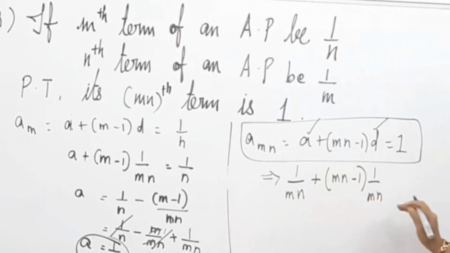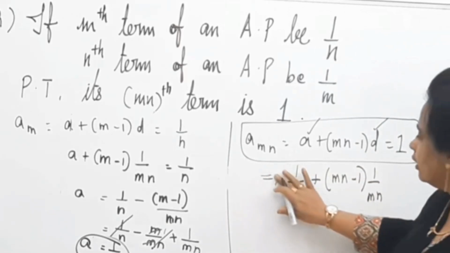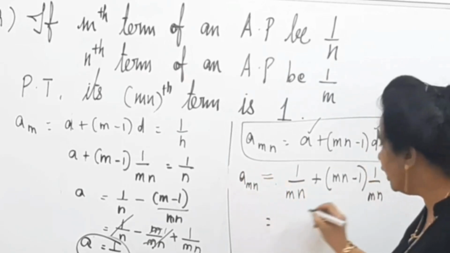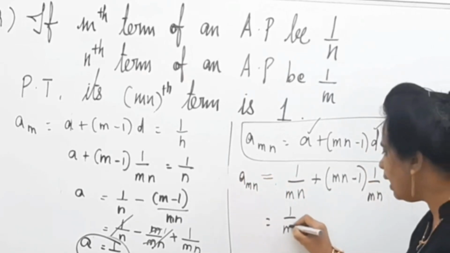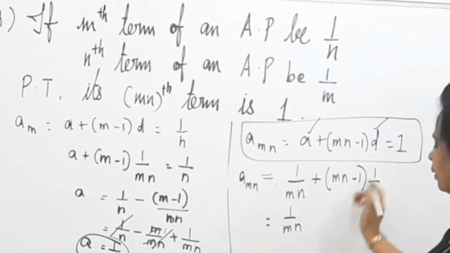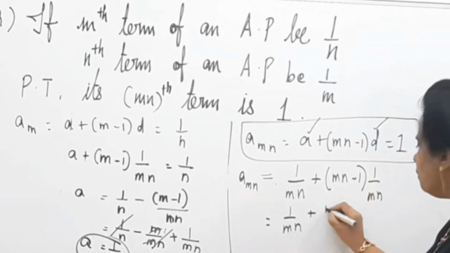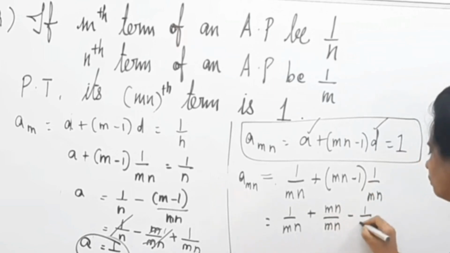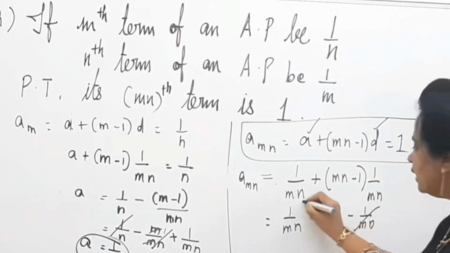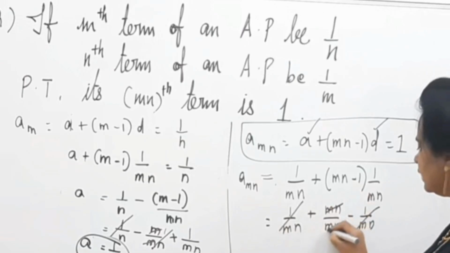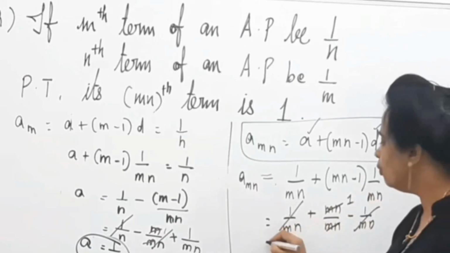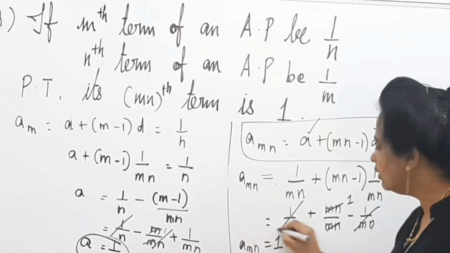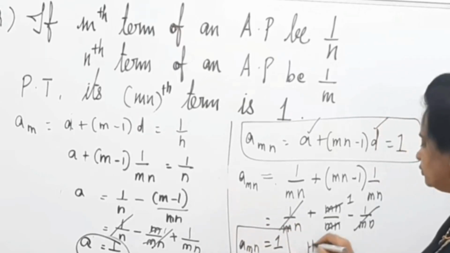I should get 1, but right now I cannot write it as equal to 1. So let me find this value: 1 by mn plus mn by mn minus 1 by mn. So this and this get cancelled and this gets cancelled and remains 1. So my amn is equal to just the value 1. Hence proved.